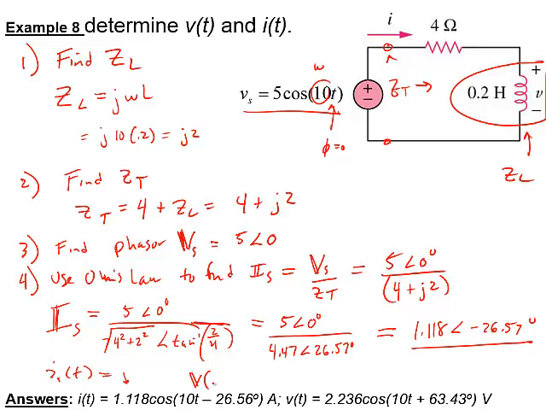And finding phasor V, I almost said v(t), phasor V is just going to be ZL times the phasor current. That means we multiply this 1.118 angle minus 26.57 by j2, which is a 90-degree phase shift and a magnitude of 2. So we get twice the amplitude plus 90 degrees on the phase.